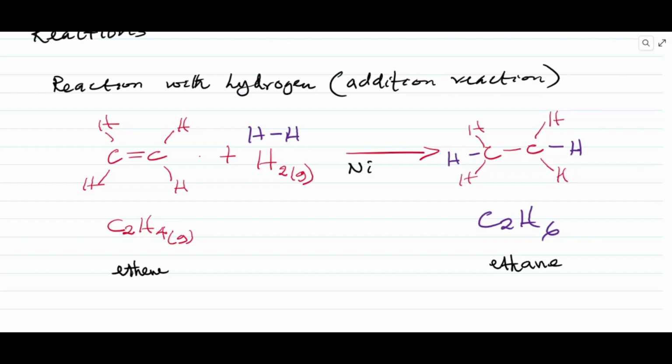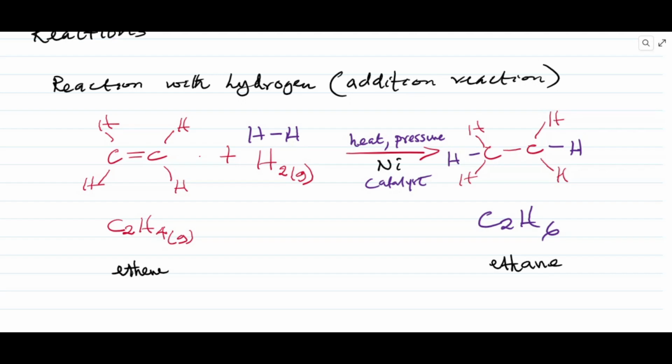IGCSE wants you to mention the temperature and the pressure as well. They don't need the exact value for the temperature. You just say heat is involved and also pressure is involved. Heat, pressure, and nickel catalyst are used to achieve this reaction.